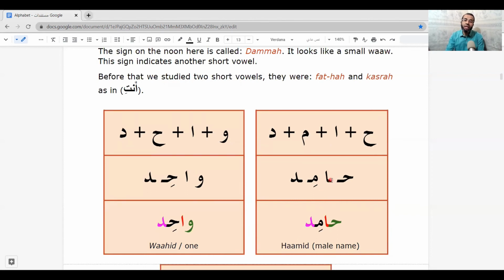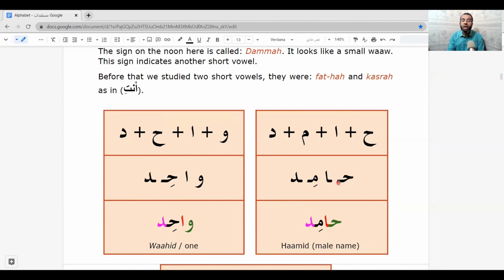So here if you say Hamid with a long vowel on the meem, no, this is wrong. That is another word, not this one. Because here, meem has a short vowel, which is kasra. And here if you say hami, it will be wrong. Because ha is followed by a long vowel.